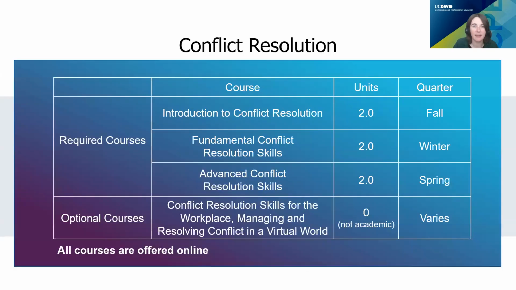And speaking of that timetable, I do have a list up here of how our courses are offered throughout the year. The required courses for the professional concentration are offered once per year. Introduction is scheduled in fall, fundamental is scheduled for winter, and advanced conflict resolution skills is scheduled for spring.